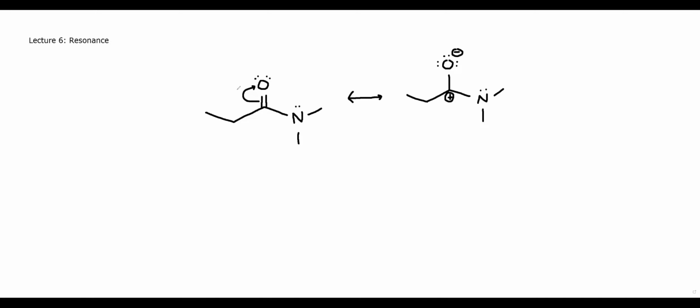Now, if we want to go back to our first structure, we could draw this arrow, right? That would give us back our first structure, turning the lone pair back into a pi bond. That's perfectly fine. But I'm going to draw this lone pair making a pi bond over here because that's going to give us a new structure.